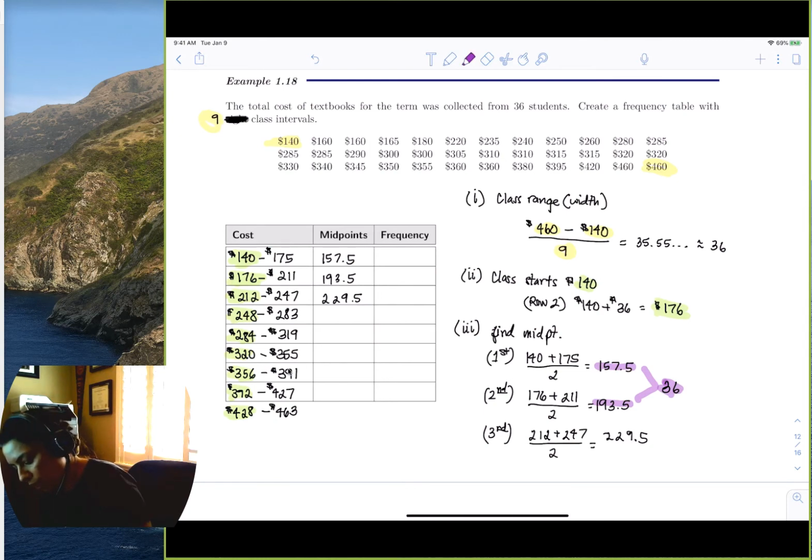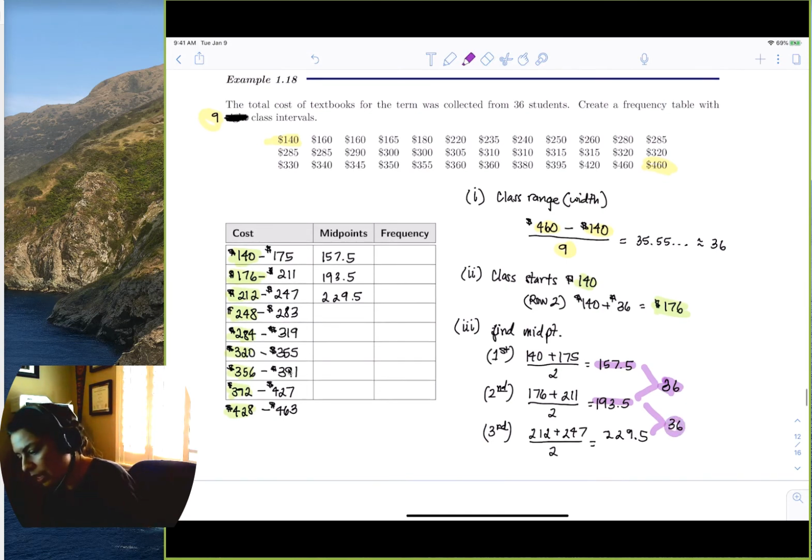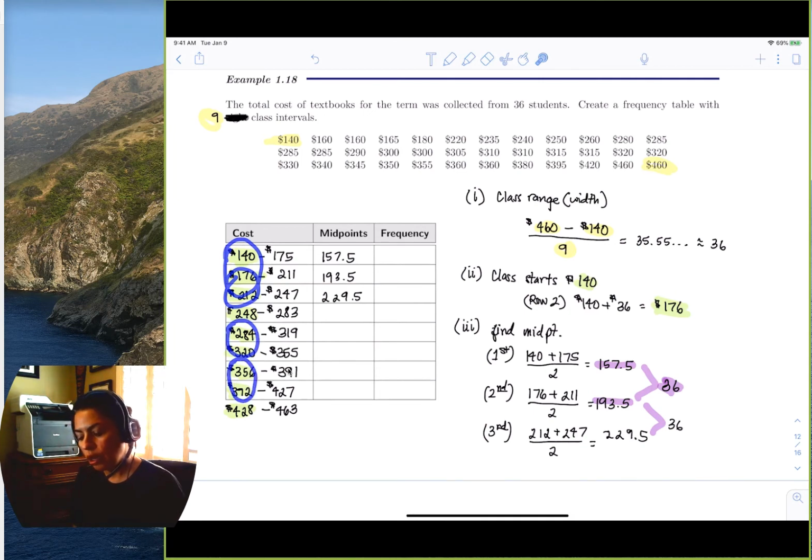And the difference between 193.5 and 229.5, you also get 36. Notice that the difference between each midpoint is also the same as the class width. And don't forget, the class width is the difference between two successive lower limits. And so the midpoints follow that same pattern.